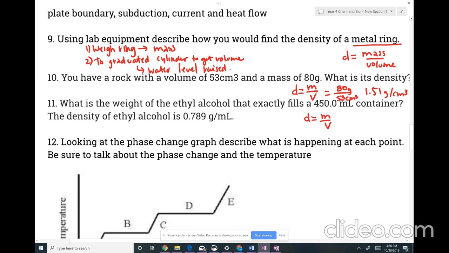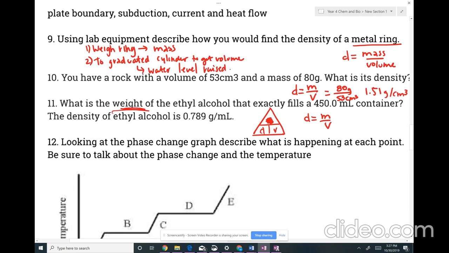If you remember, we had this triangle, and we can solve for density. But in this case, we're looking for mass. So I cover the mass real quick, and I see that I'm going to have D times V.